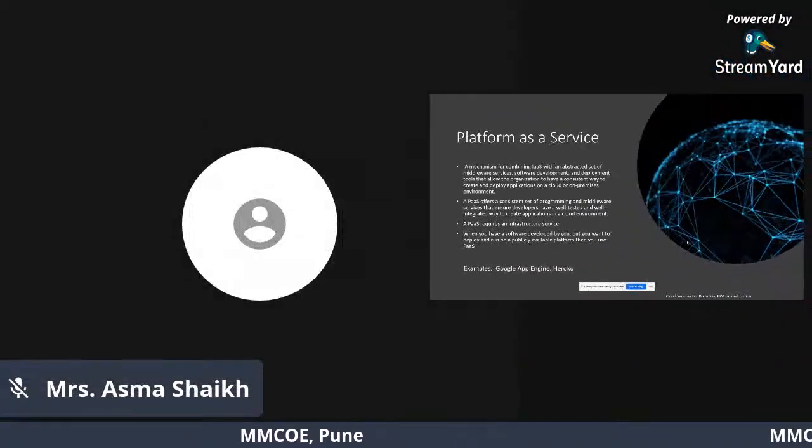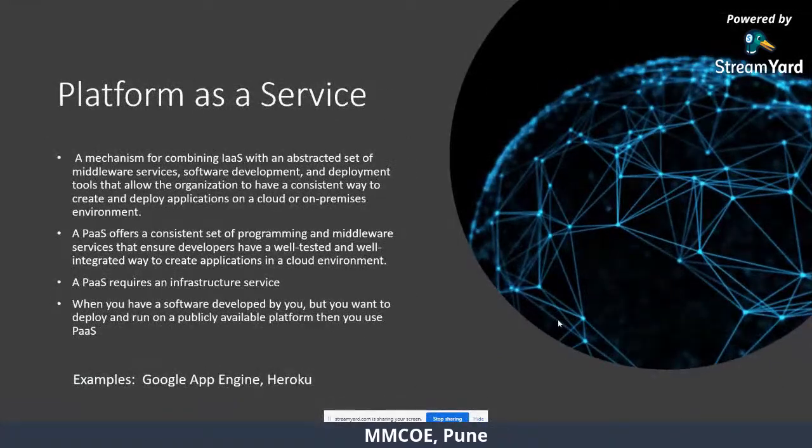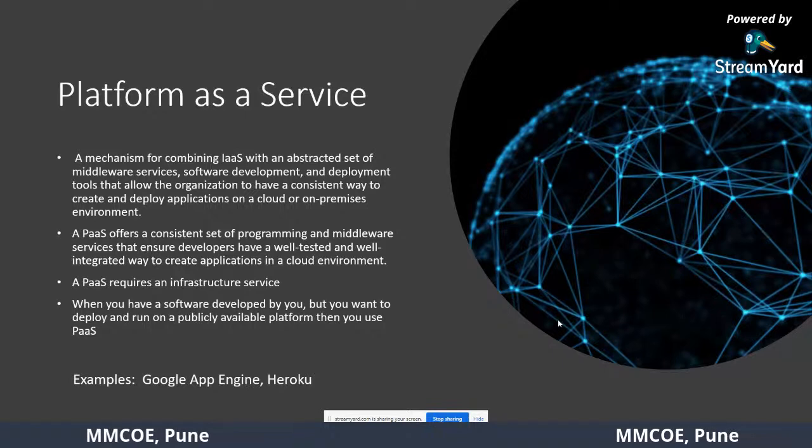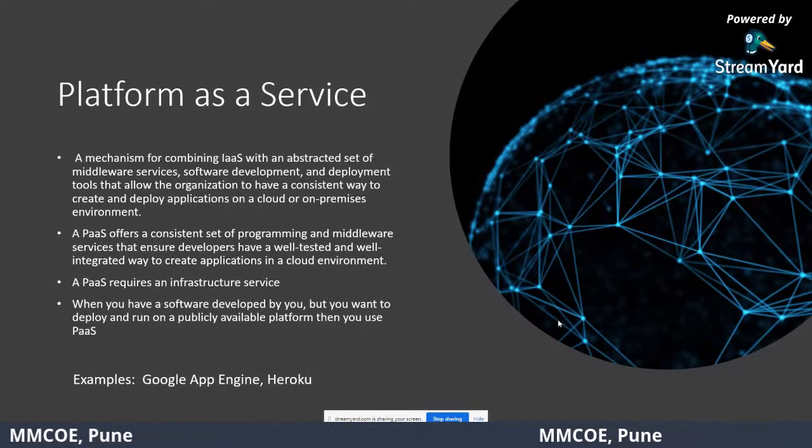Platform as a service, you can see as a kind of middleware service. We have seen in the slide a pictorial view of these three service platforms. So platform as a service could be seen as a middleware kind of service platform.